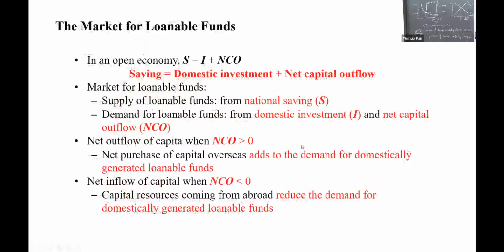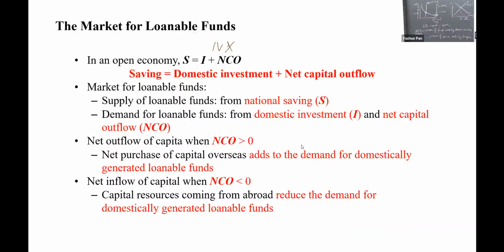In the market for loanable funds in an open economy, S equals I plus NCO, because in an open economy we have exports and imports.